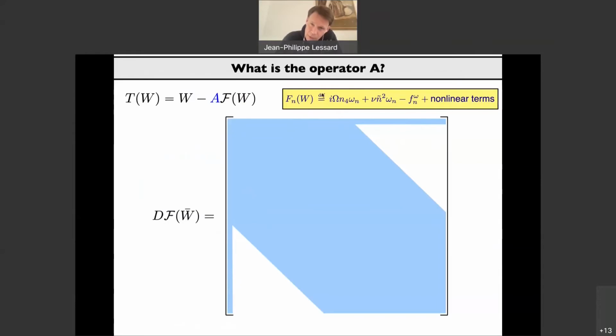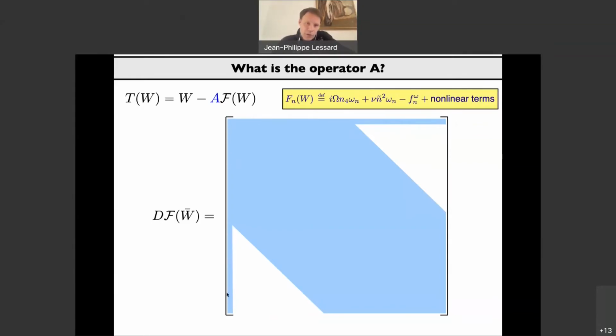It has linear parts and nonlinear parts. When you take the derivative of this map at a numerical solution, it will have a form like that. Why a form like that? Because the first row here is the derivative of the phase condition, and if you differentiate the phase condition with respect to all Fourier modes, they will all have a row of terms here.